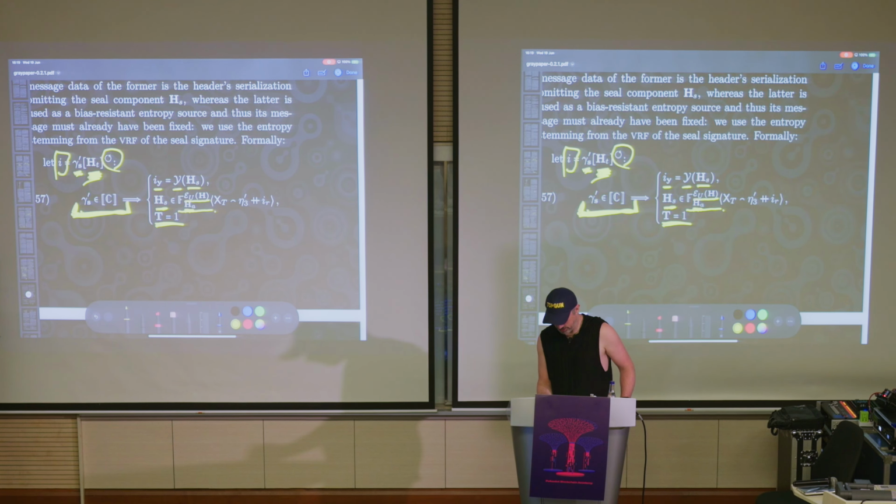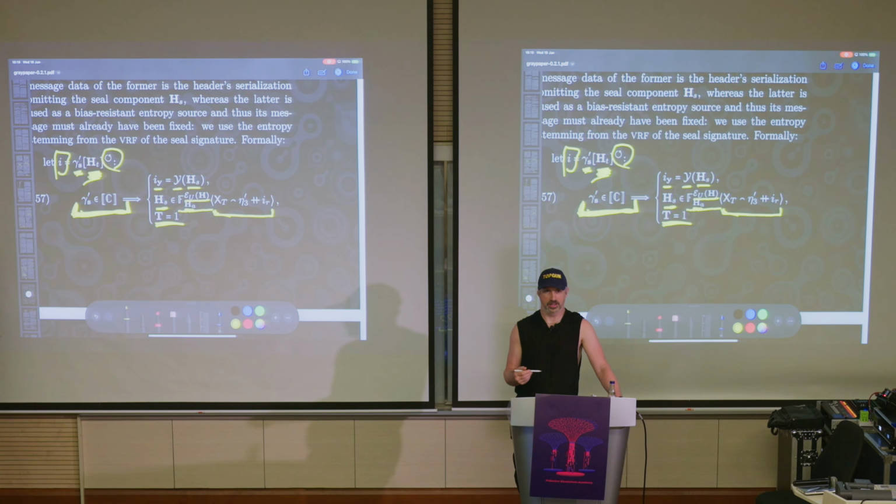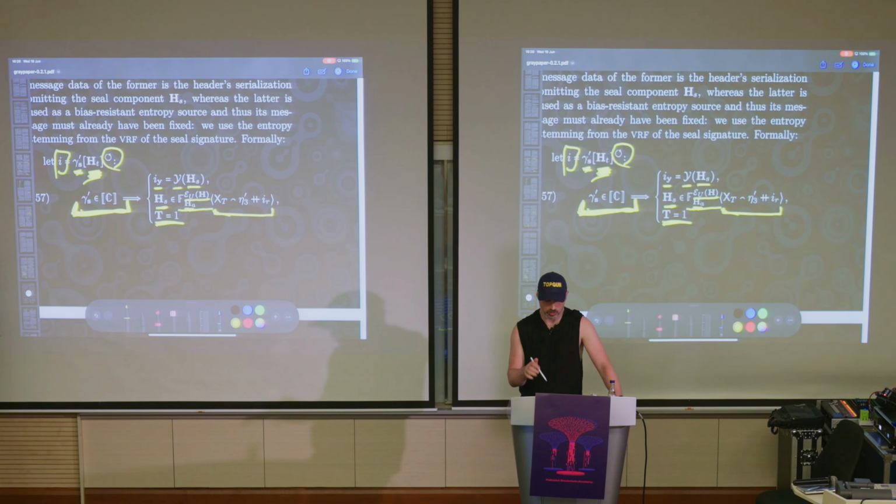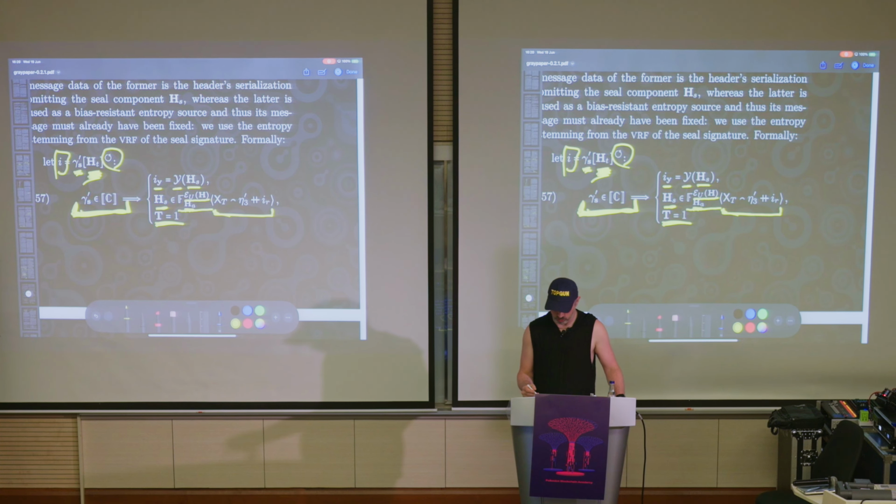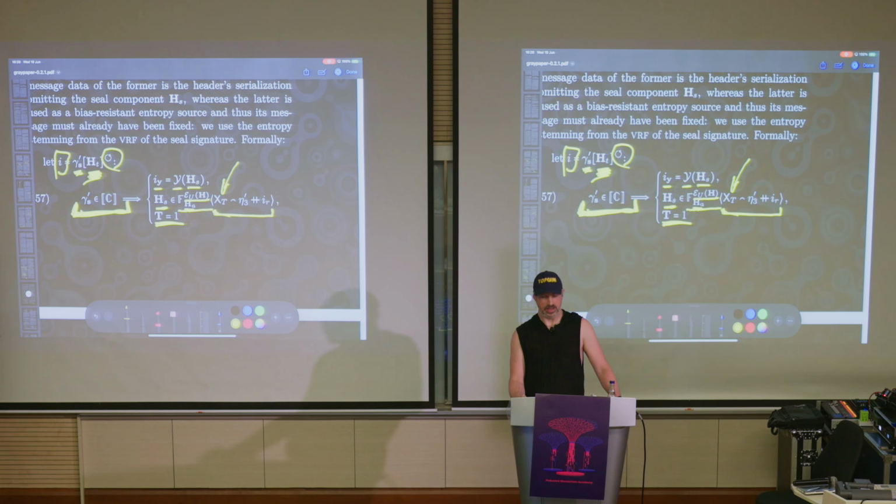And then this is the interesting bit. This is the VRF input. This is the sort of string of data that we put in that is not so biasable by the block author. It's basically a bit of text, XT.